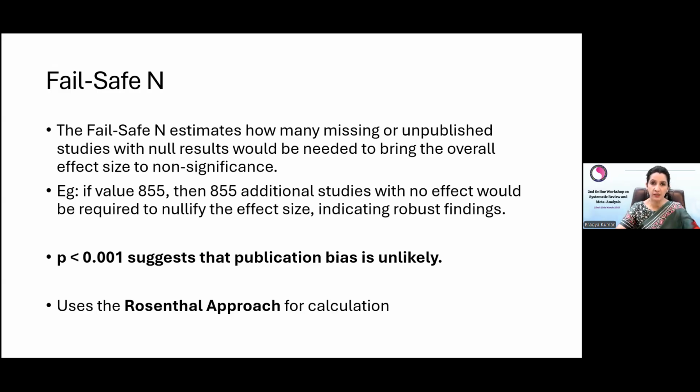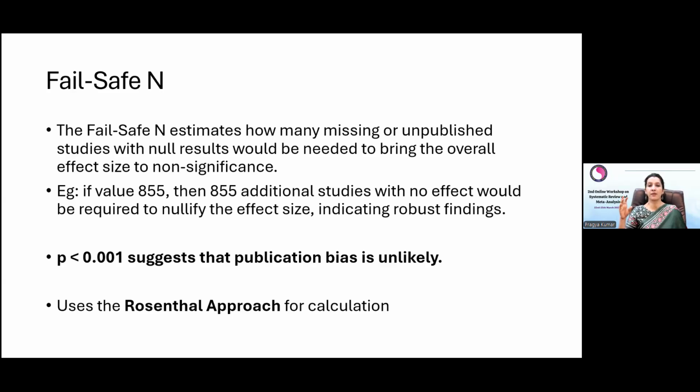In Jamovi, it gives the output as a fail-safe test. So what is the fail-safe test? The fail-safe test basically gives you the number of studies with a negative result that are needed to bring the effect size to 0. For example, if the value of fail-safe is 855, that means 855 additional studies with no effect would be required to nullify the effect size.